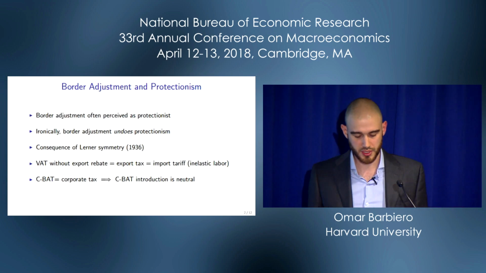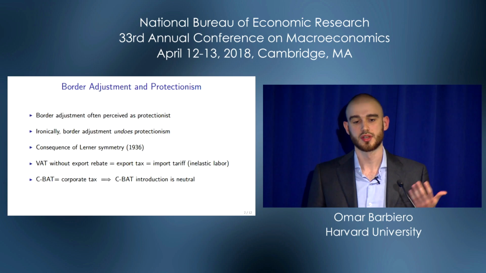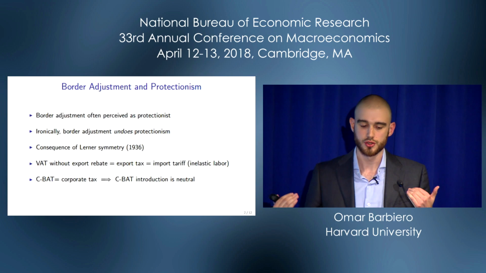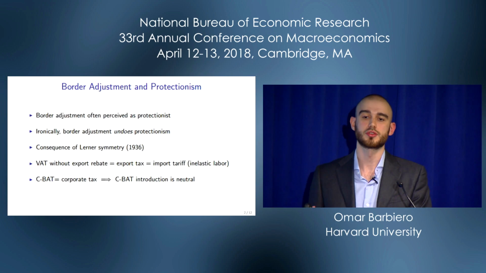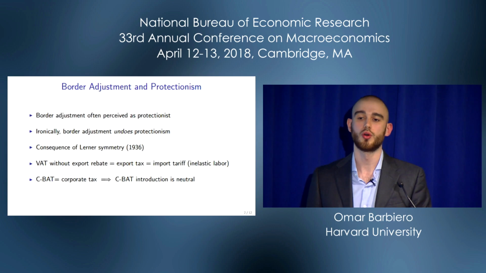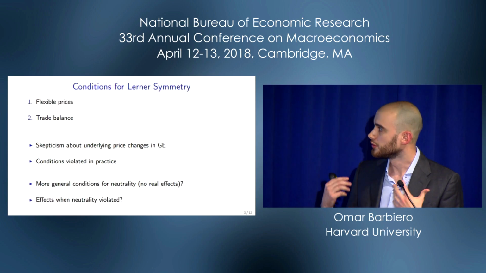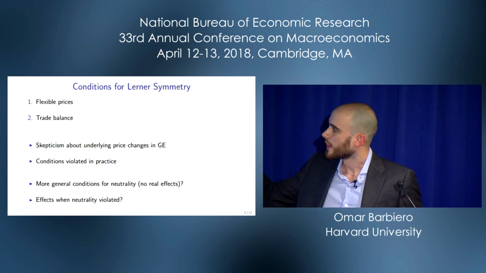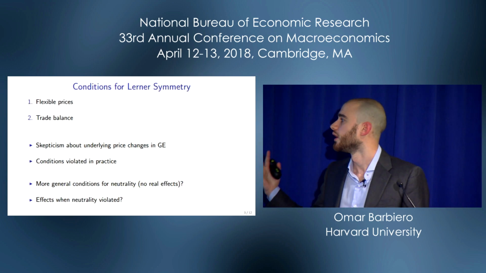And the intuition behind this is that when we are applying a border adjustment, the wedge applied on import and export prices should be compensated either by a domestic wage response relative to foreign wages or by an exchange rate response. So the original conditions for the Lerner symmetry relied on flexible prices and trade balance.